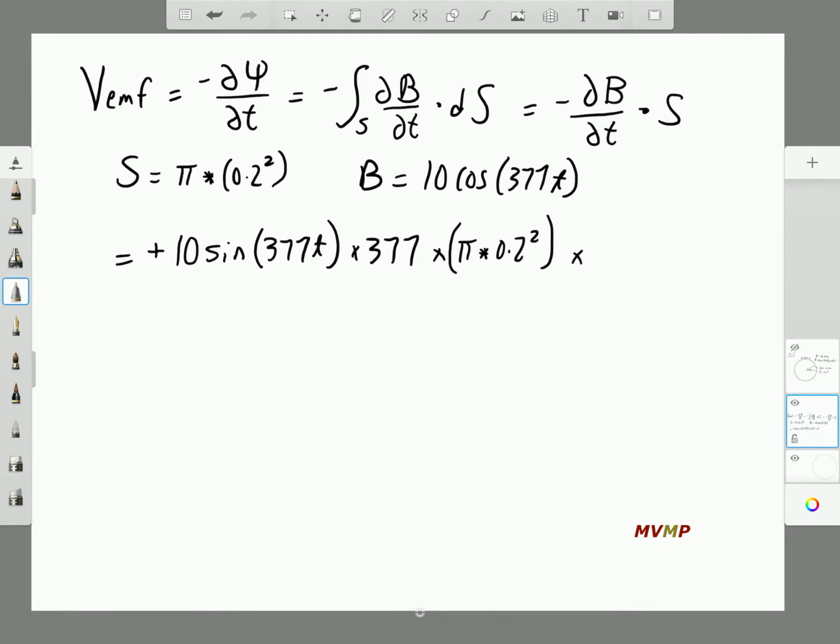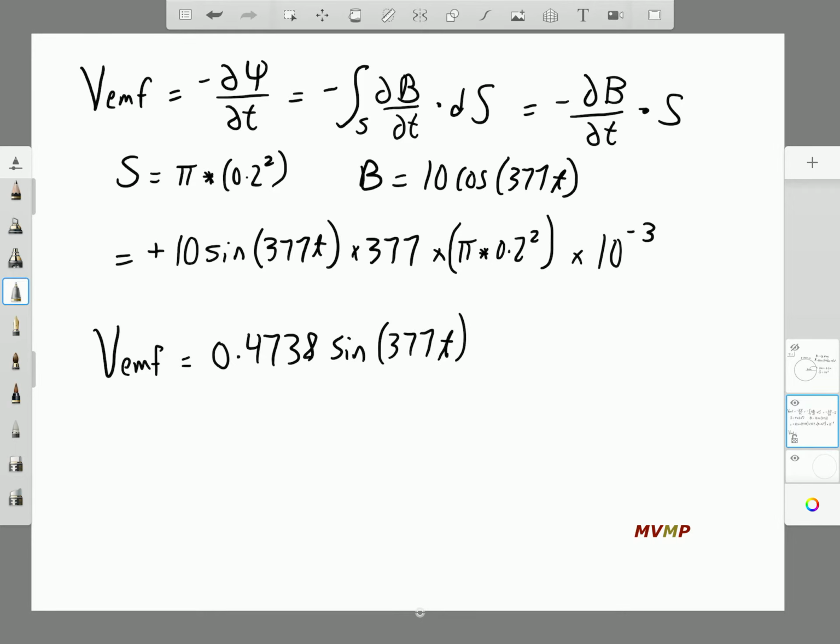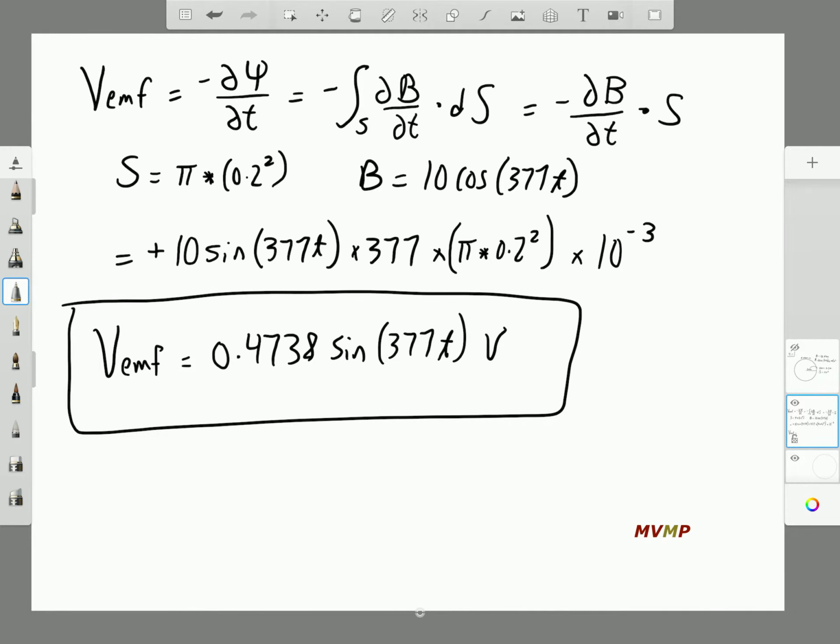And then don't forget about the milliwebers, which is just 10 to the negative 3. When we multiply all this out, we get a final answer of 0.4738 sine of 377t volts. That is our final answer.